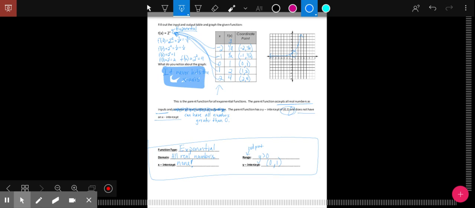Looking at this, it says the parent function accepts all real numbers as inputs. Remember, my inputs are my x's, and it's also my domain. When I say all real numbers, that means I can put any number into the function. See how they're all negative and positive? Any number can go into the function. So my domain is all real numbers.